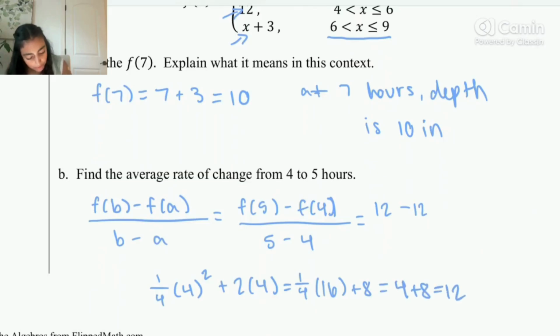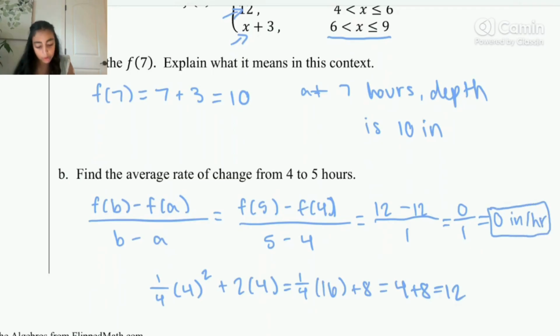So actually we need 12 minus 12 over 1, which is 0 over 1, which means the average rate of change between 4 and 5 hours is 0 inches an hour. That makes sense because the depth of the snow at 5 hours is 12 inches, and at 4 hours it's also 12 inches, so there was no change between that time.